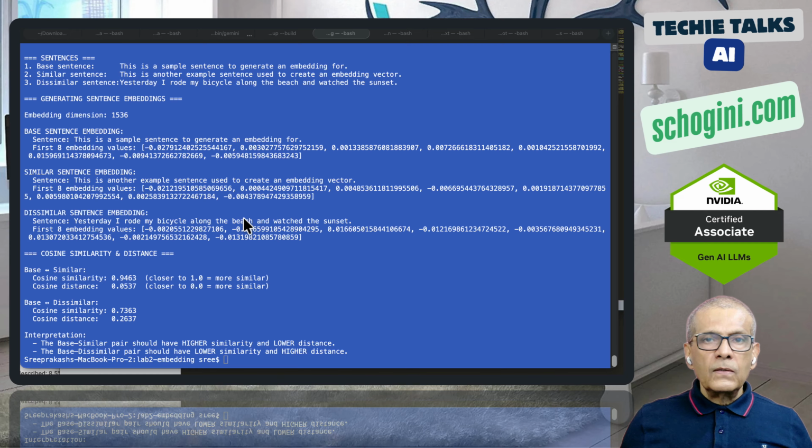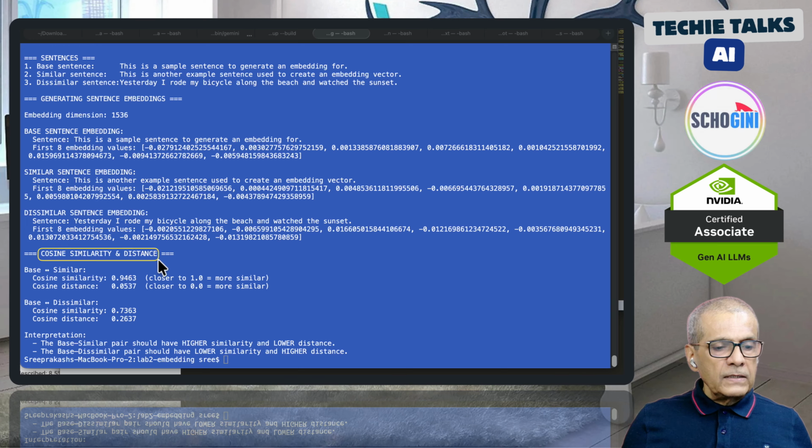These embeddings won't mean anything to us because they're huge. We cannot look at them and see how close or how far their meanings are. Correct? So what we do is a cosine similarity to compute the distance.